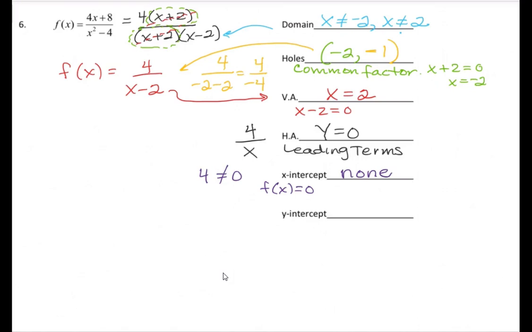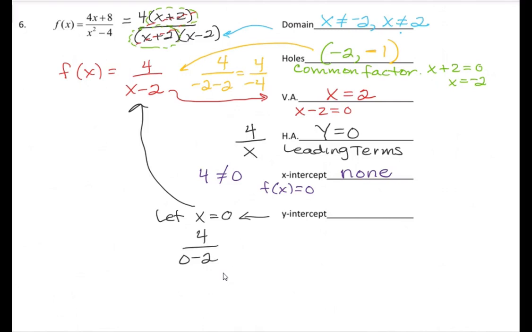And finally, the last one that we need to find is the y-intercept. And for my y-intercept, we're going to let x equal 0. And again, I'm going to use the simplified version of my function and plug in 0 for x. Once I find that simplified version of my function, that's literally the part of the function that I'm going to refer back to for everything else.